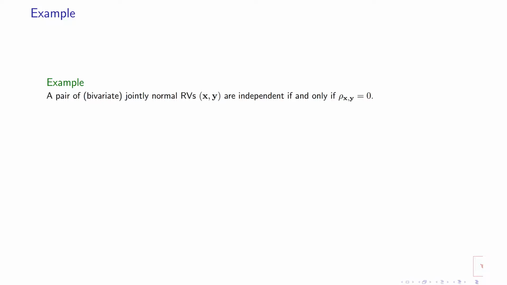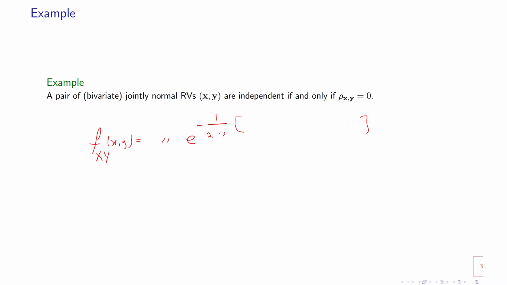We say that bivariate jointly normal random variables are independent if their correlation coefficient is 0. So this is a theorem. You remember that a joint normal distribution had a long expression, with f_XY(x,y) equal to a constant, times e to the power of minus 1 over 2 something, and then a long expression.